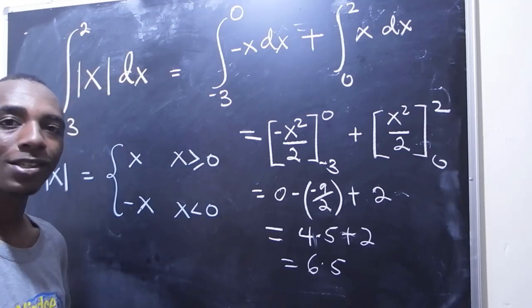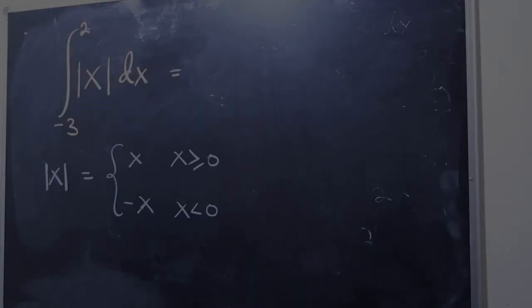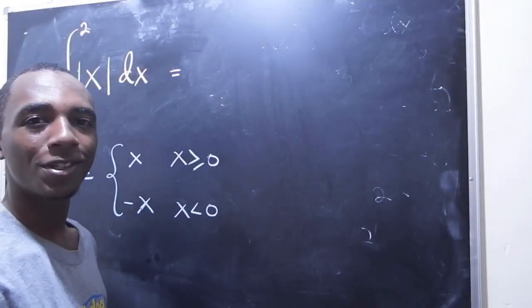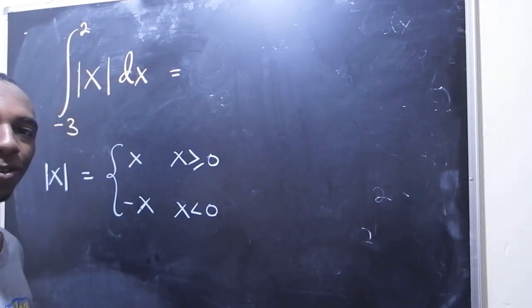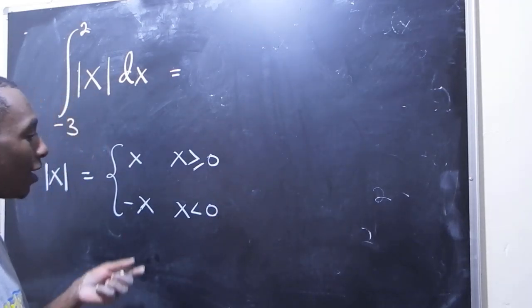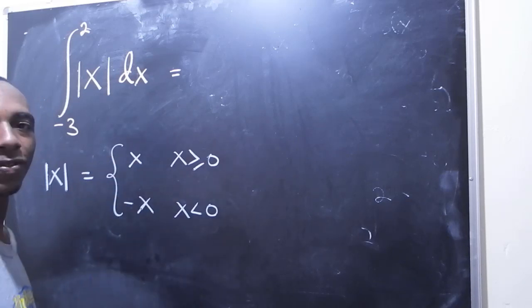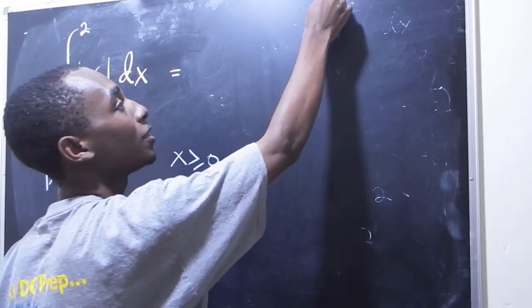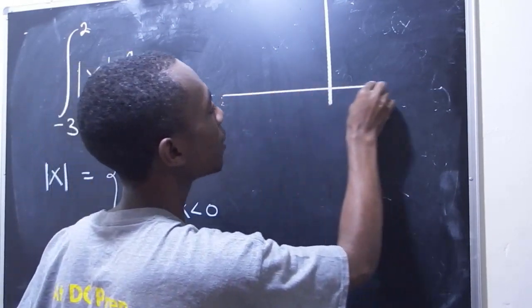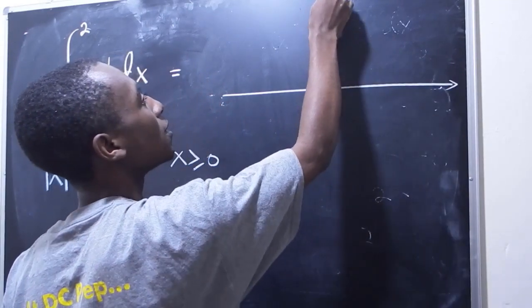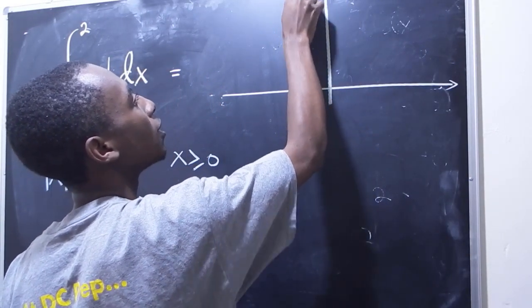Now let's look at the second method, which is essentially about graphing the function. Alright, so the second method is just a trick, it's a life hack. So the second method is going to involve graphing this function, and if you just look at this here, you can already tell what this function will look like if I graph it. So let's try to come up with a graph of this function here. This is going to be my f of x, okay?